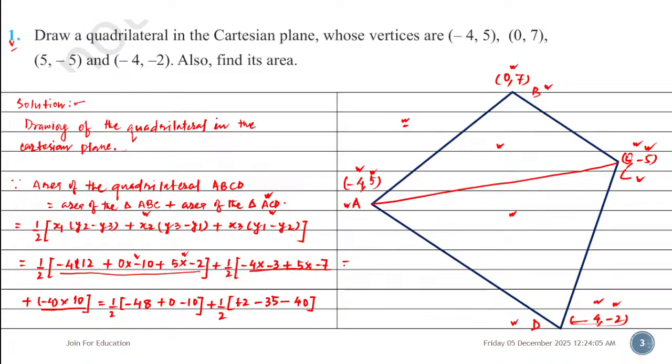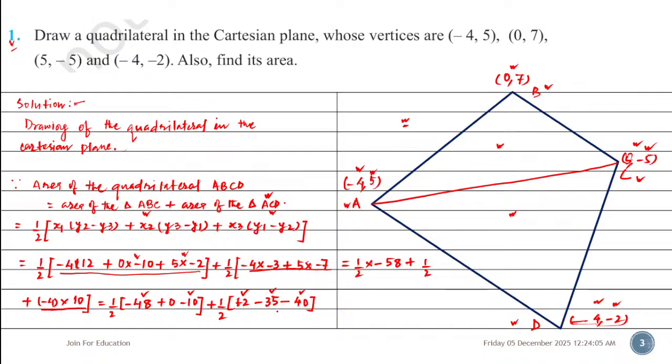The next step will be -48 minus 10 equals -58. So 1 by 2 into -58, plus 1 by 2 into 12 minus 35 and 40.